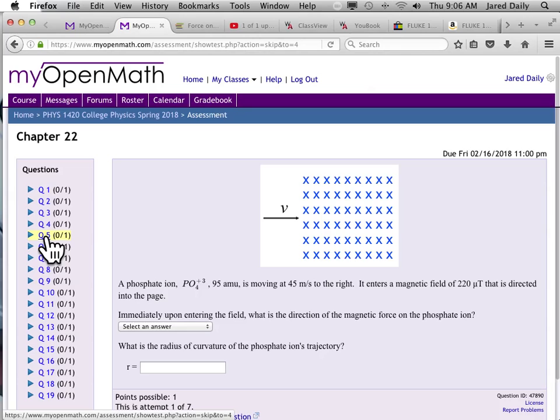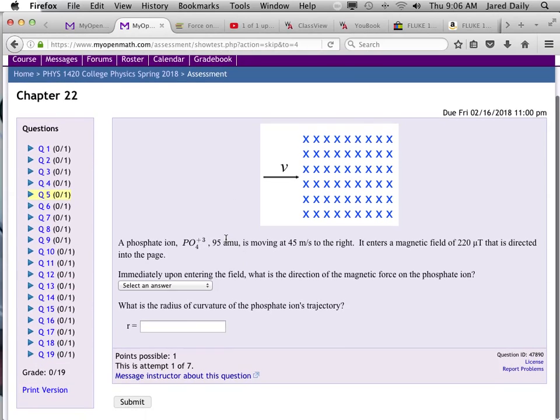So you've got a bunch of different particles going through magnetic fields at different angles, in different directions, and at different velocities. In some of these, they want to know the direction of the force on the particle. Some want to know the radius of curvature of the trajectory of the particle after it enters the field.